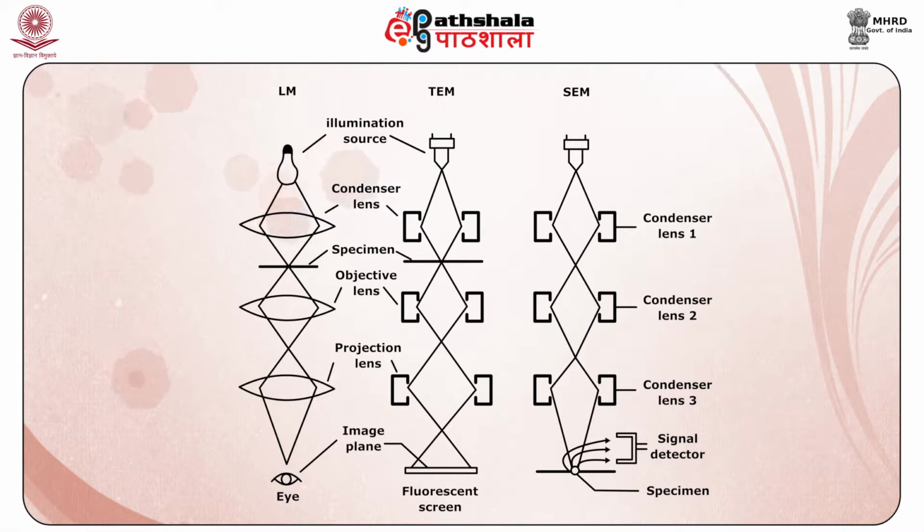The ultimate viewing in the case of light microscopy is the eye or a camera. Obviously, in the case of the electron beam, it has to be a fluorescent screen which is then photographed.